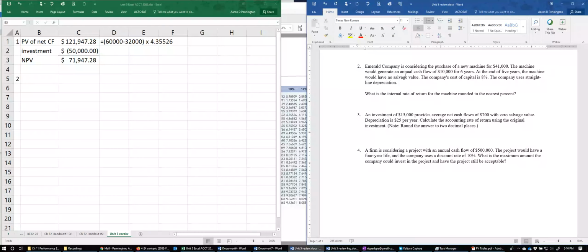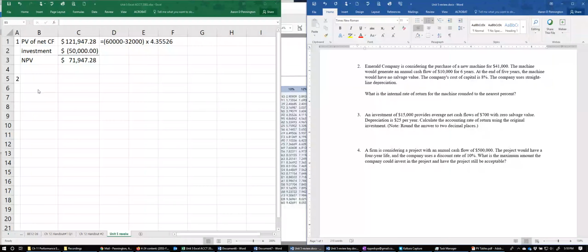The machine would generate annual cash flow of $10,000 for 6 years. At the end of 5 years, the machine would have no salvage value. The company's cost of capital is 8%. The company uses straight line depreciation. What is the internal rate of return to the nearest percent?